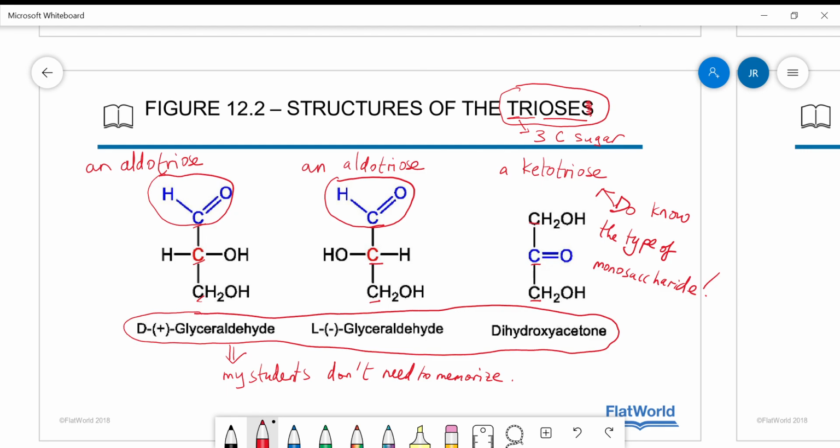So I do expect you can identify whether a sugar is a ketotriose or an aldotriose or what have you, but I'm not going to ask you which of the following is glyceraldehyde. Okay, so hopefully that's clear. I think we've exhausted that slide. Moving on.